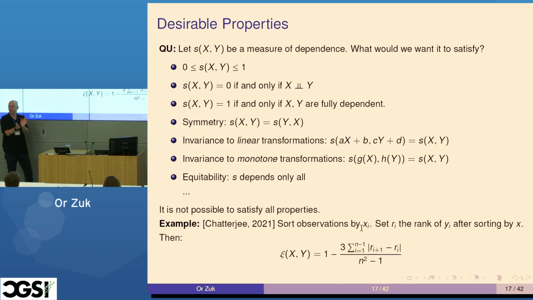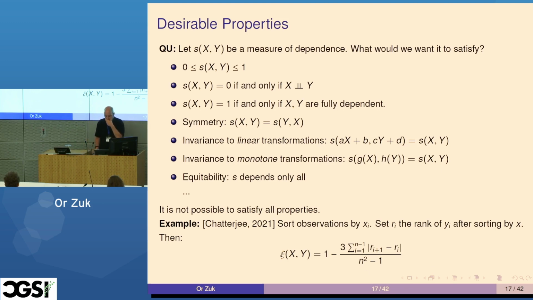If there is a strong dependence, then the smallest x will be together with the smallest y, the second one will be the second one, and the largest x will be with the largest y. If they're independent, you'll get something else. So this rank will behave differently, and that's a statistic.